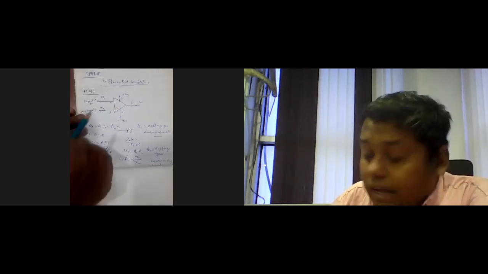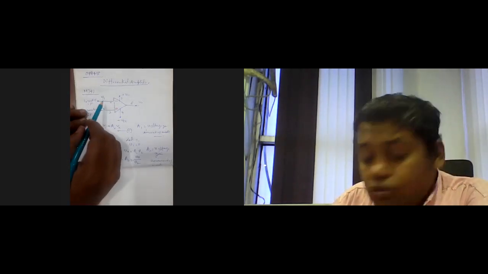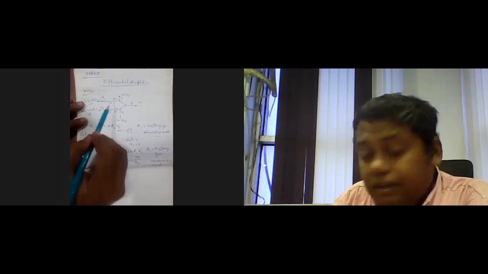So on the basis of that, just look over here. In here we apply the two voltages simultaneously to the input terminals, pin number 2 and pin number 3.